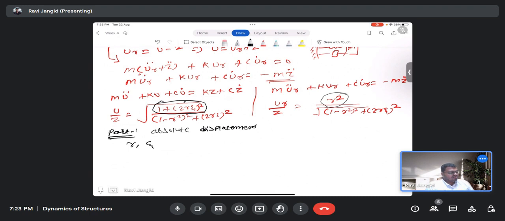For r, I need omega by omega n. Omega is given by the frequency of 35 hertz, so that becomes 2 pi into 35, and omega n becomes the square root of k by m, where k is 1.4 into 10 raised to power 6 divided by 35. Can you tell me what omega n is? Not omega n, directly tell me r.